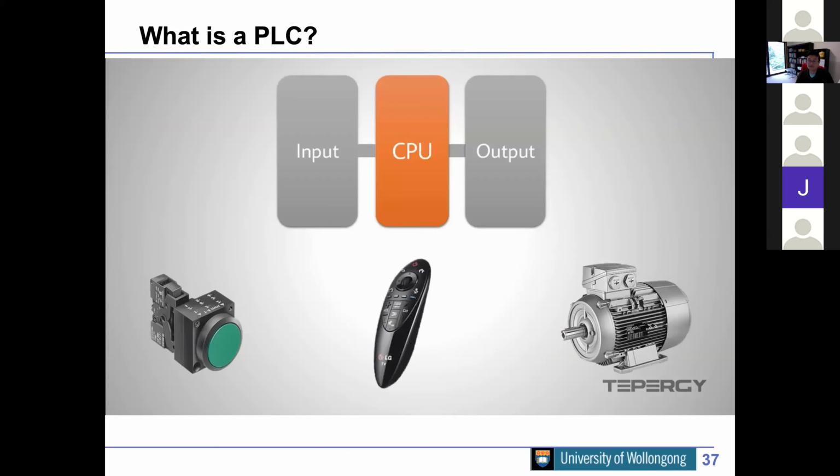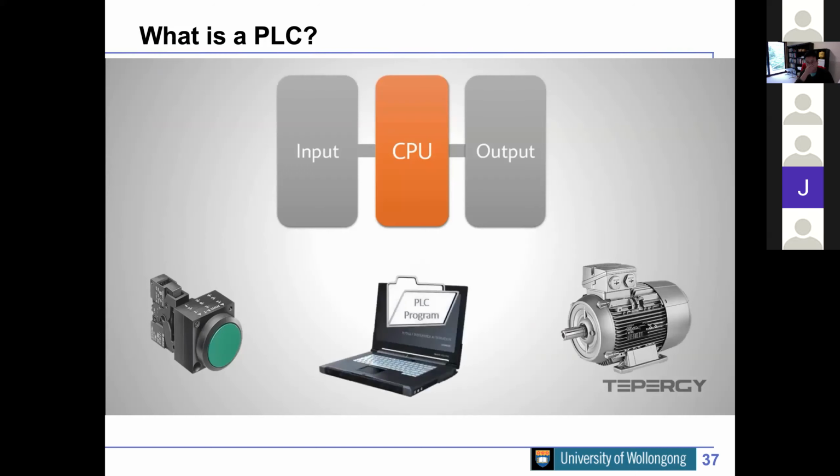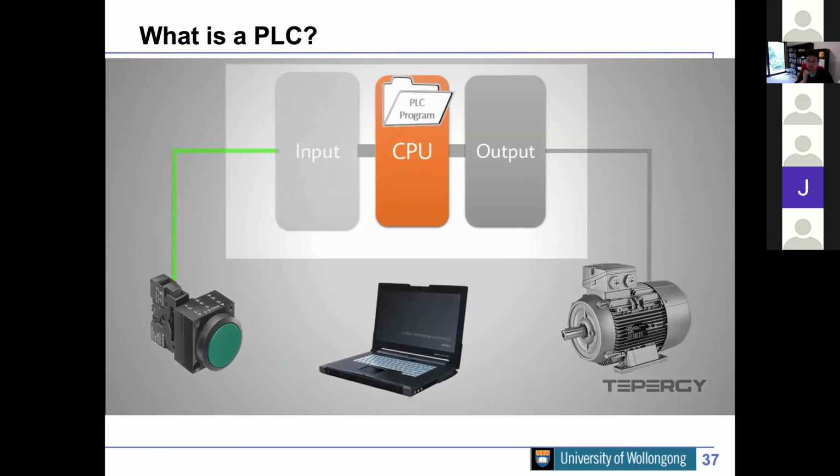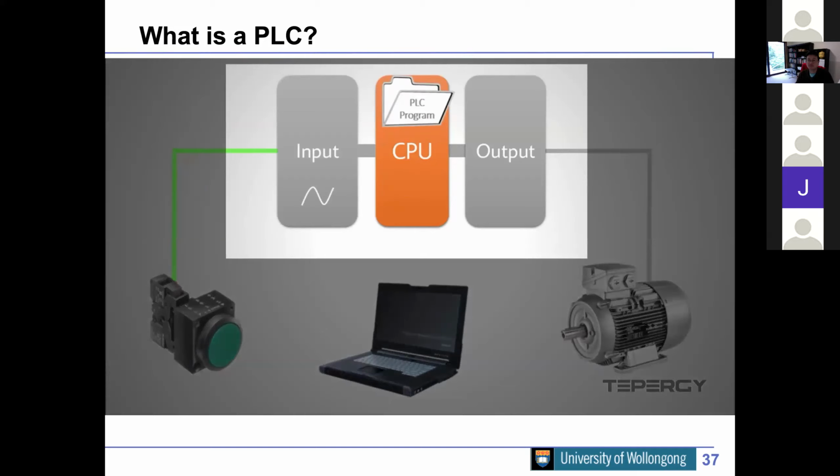To do this, we must first write a program for this operation on a computer and then download it to the CPU. Then, we connect the switch to the input and the motor to the output. Now, if we press the button, an electrical signal will be sent to the PLC. The PLC input will deliver this signal to the CPU, but first must present it in a format that the CPU can process.